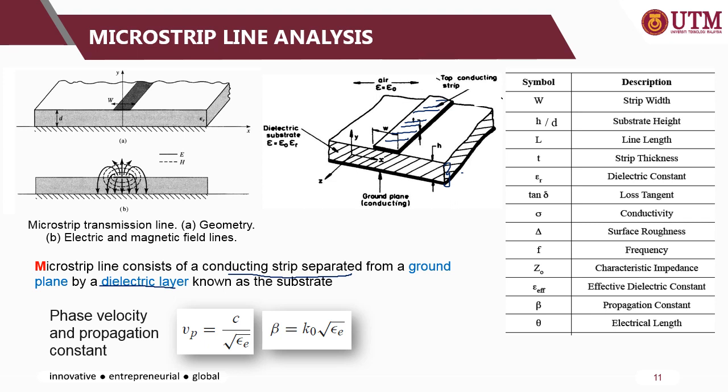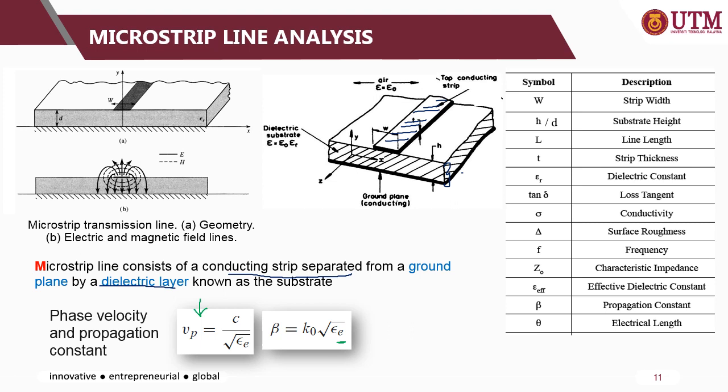Alright, so again the same parameters are used in the analysis. The phase velocity can be calculated by this one, and the beta uses the same equation, k naught square root of epsilon effective. But for strip line just now it's k naught square root of epsilon r.